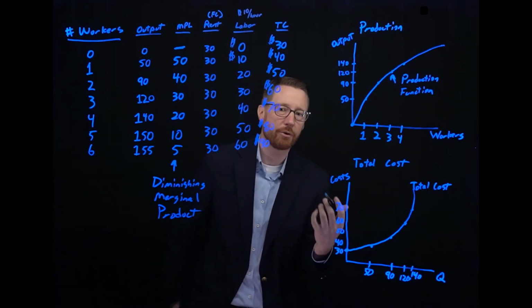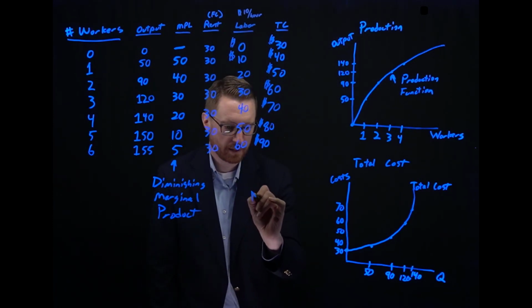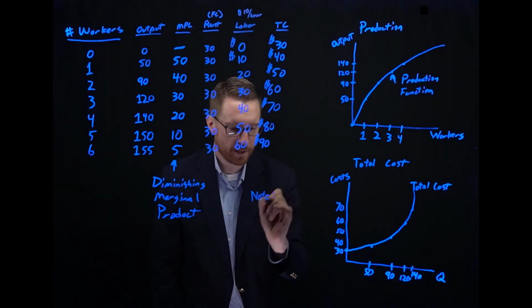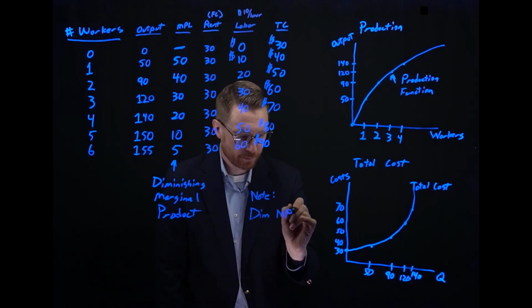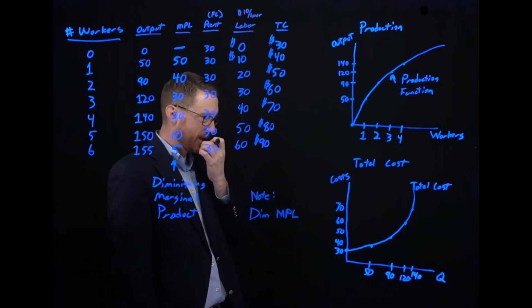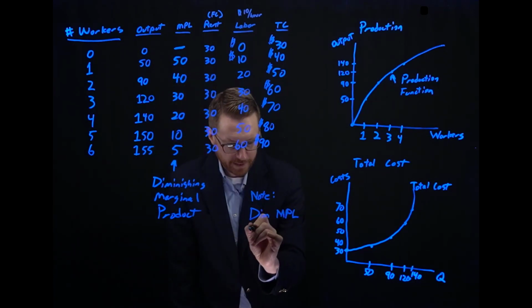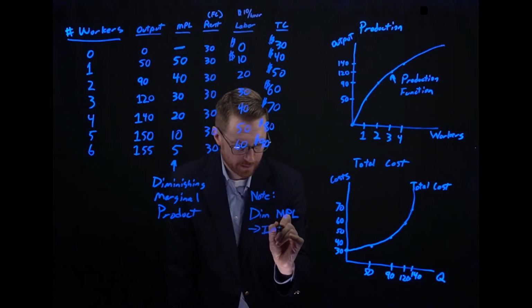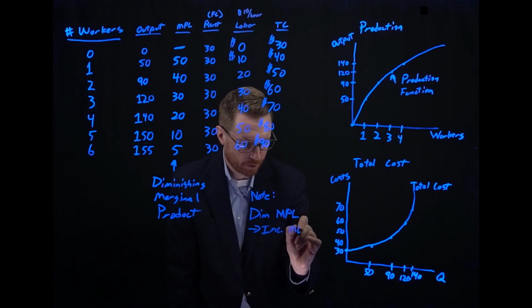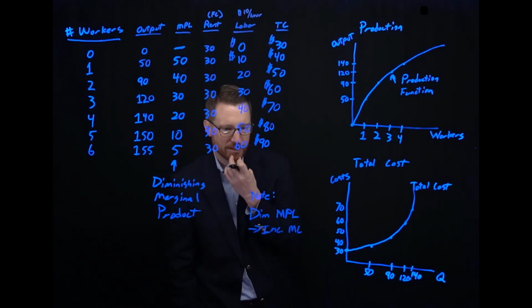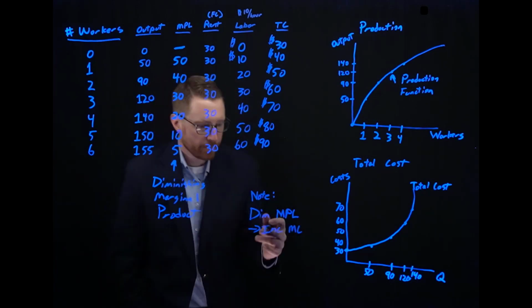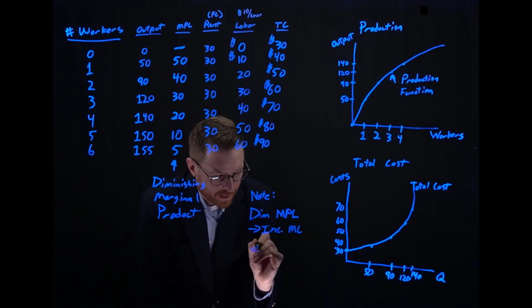All right, so what are our notes that we should take away from this? Our note is that diminishing marginal product of labor in this case is going to lead to increasing marginal costs. Each additional unit is going to be more expensive than the prior one. So what does that mean?